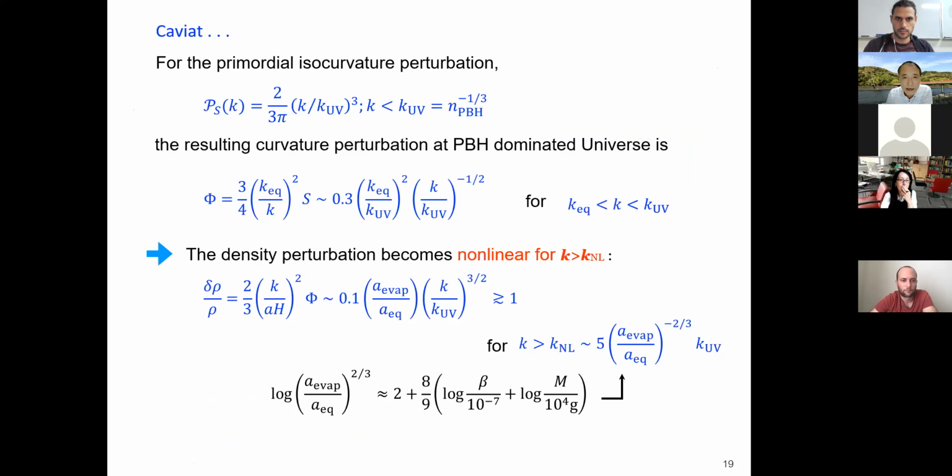Of course, there's a caveat. Since the perturbation, for example the Poisson distribution, is peaked at this UV cutoff scale, which is essentially the mean distance between the black holes, at this mean distance the density perturbation amplitude is almost of order unity. And as they grow in proportion to the scale factor, they soon become nonlinear.